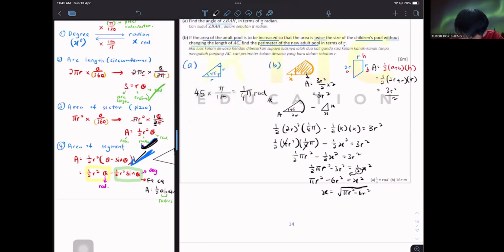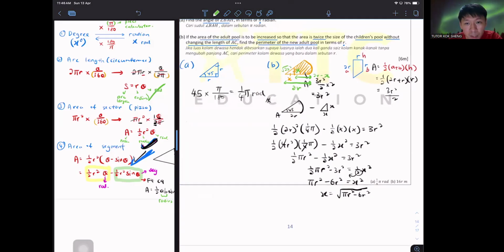So back to the picture just now. This whole line is 2R, right? So which means this part here will be 2R minus x. And then this is x, no issue. And this will be the square root of 2x squared.